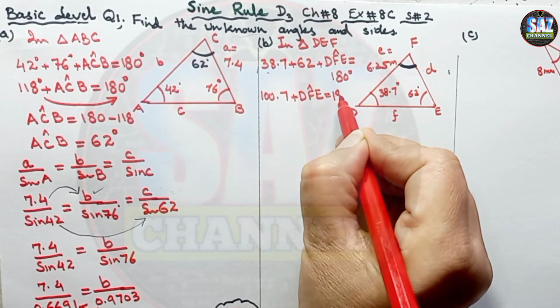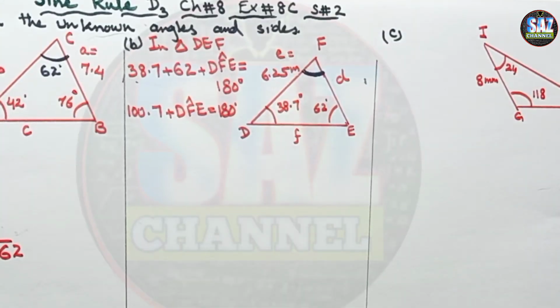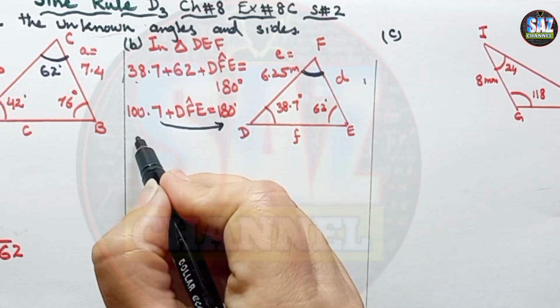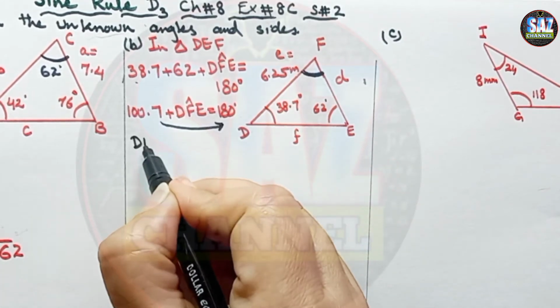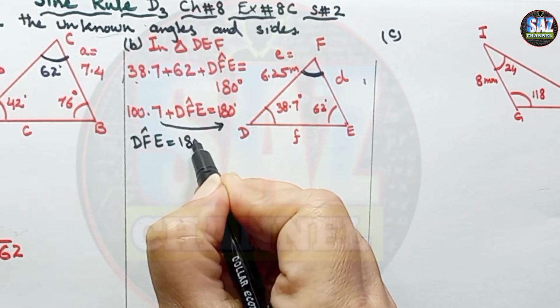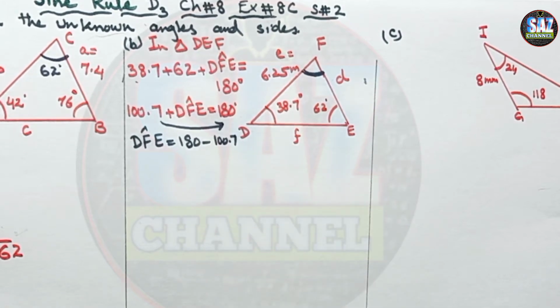equals 180 degrees. Now I have to shift this 100.7 to the other side, and the equation will take the form angle DFE equals 180 minus 100.7. Let me check the calculation.